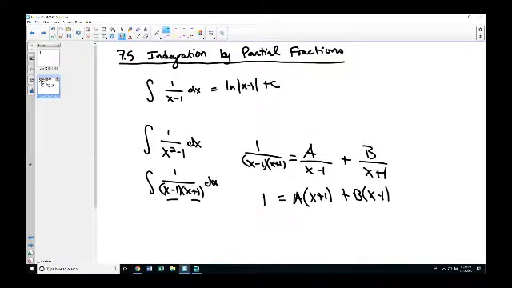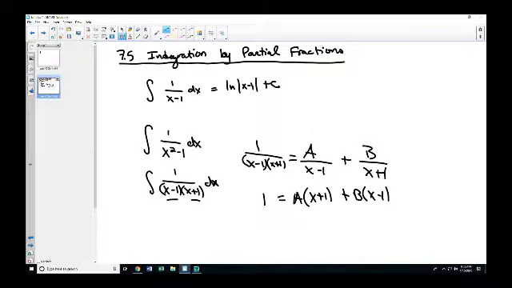The common denominator is x minus 1, x plus 1. So x minus 1 times x plus 1 over x plus 1, right? So I have to put the x plus 1 here with A. And B would be x minus 1 on the bottom, x minus 1 on the top. Now we get rid of the denominators. Okay. So in basic, you just switch them if there's only two.